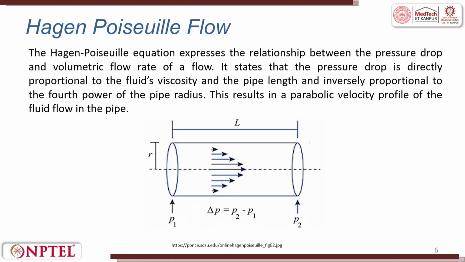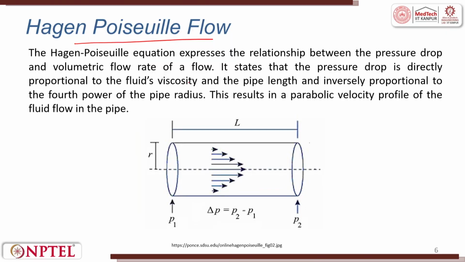Now, I will come to the Hagen-Poiseuille flow. When we talk about heating, ventilating, air conditioning systems, when we talk about flow of blood in the body, or many such applications where a relationship has to be determined between pressure drop and volumetric flow rate of a flow, the Hagen-Poiseuille flow law is used.